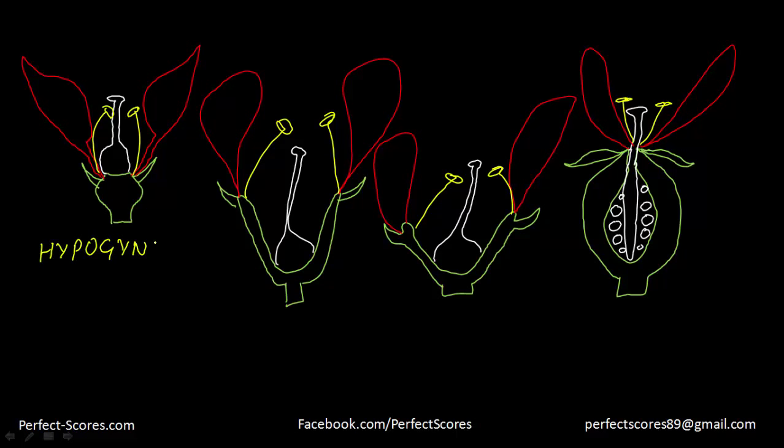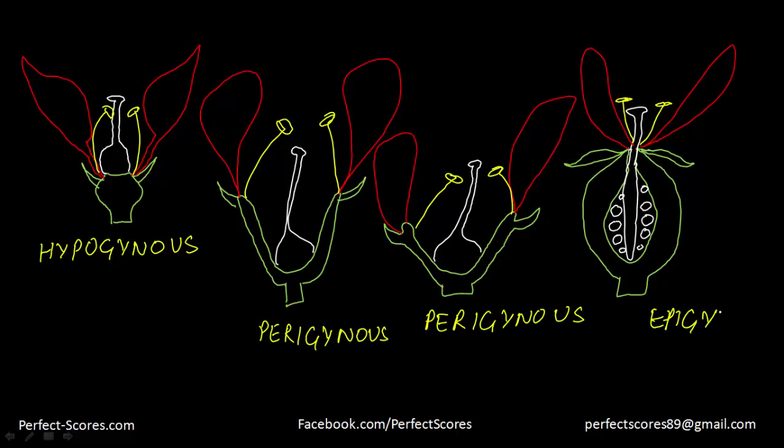I'll also describe and give you the difference between them. The middle 2 ones, they are known as perigynous. This one and this one as well. And the last one is known as epigynous.